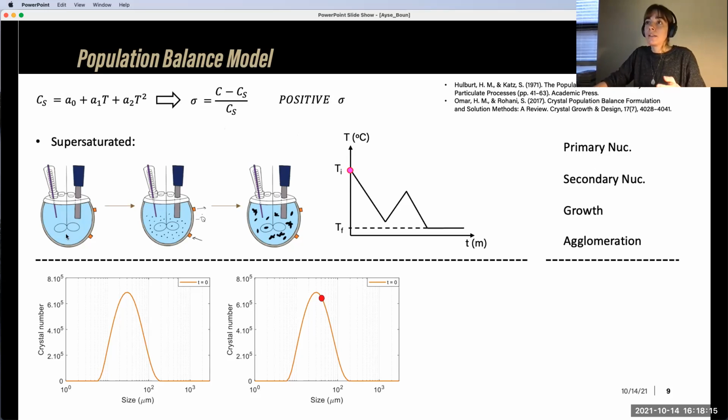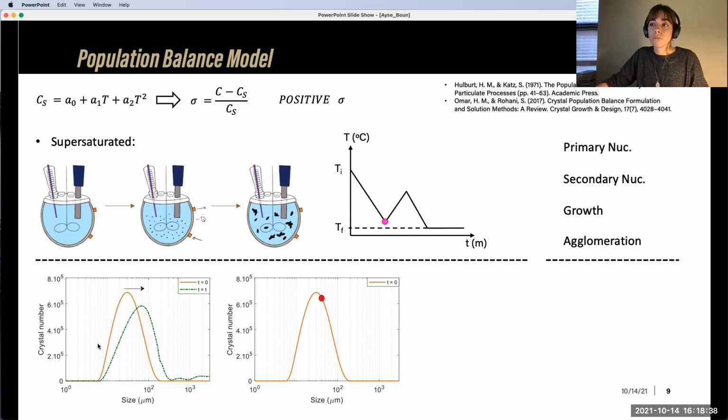So, in a crystallizer, first we have this clear solution, and then we cool down the system by using the jacket, and then we form the crystals, and then they continue growing, forming, or agglomerating. And what is happening here is actually the crystal size distribution, basically the number of crystals at different sizes, is changing.